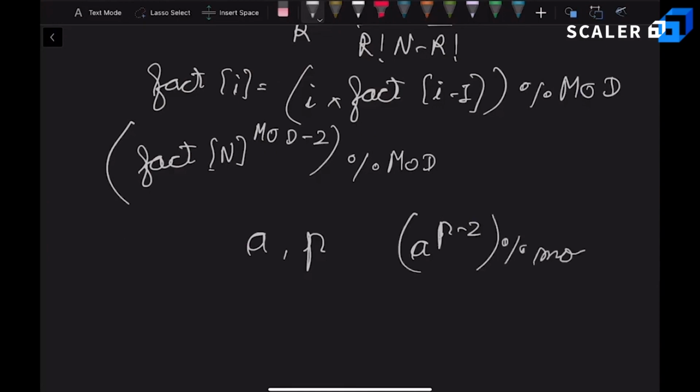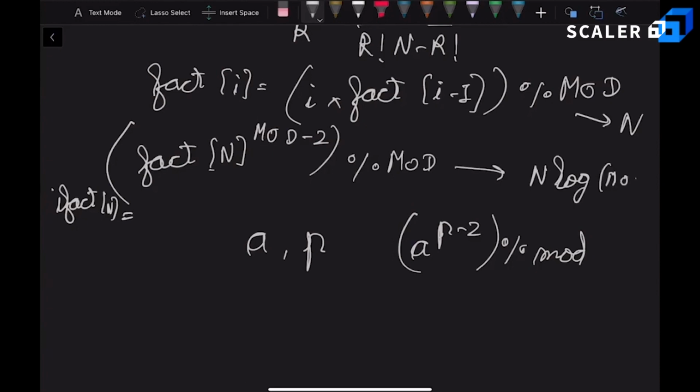And a raised to p minus 2 can be calculated using binary exponentiation. So we can calculate inverse factorial of n this way. So this will be n log mod, because we are doing binary exponentiation, and we know that binary exponentiation will take log of power time, which is log of mod here.